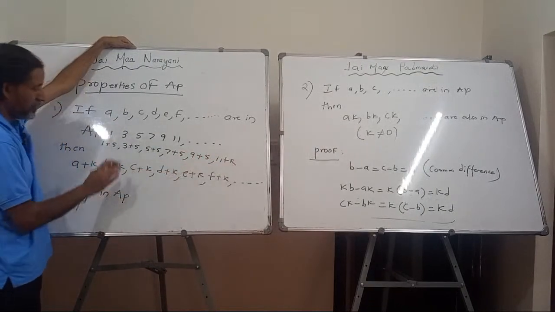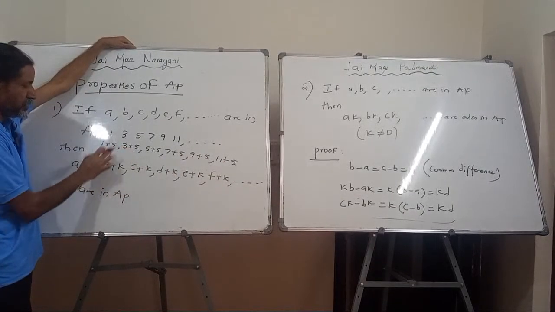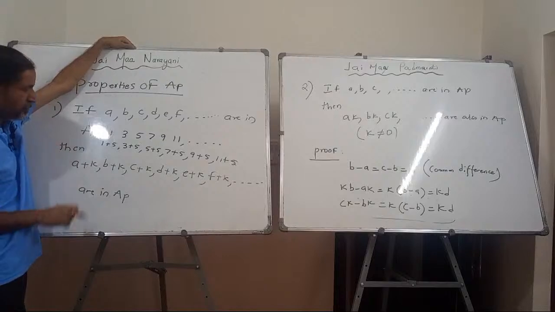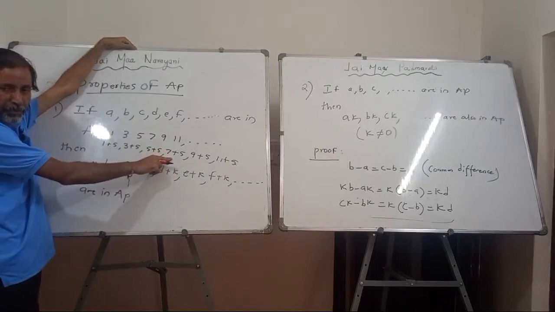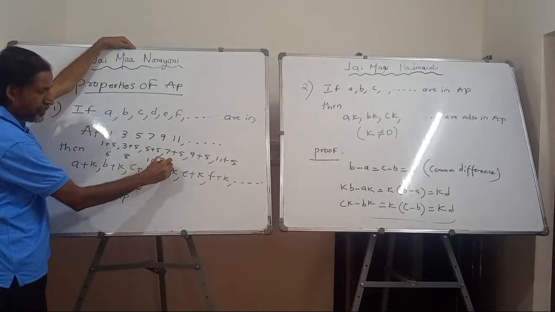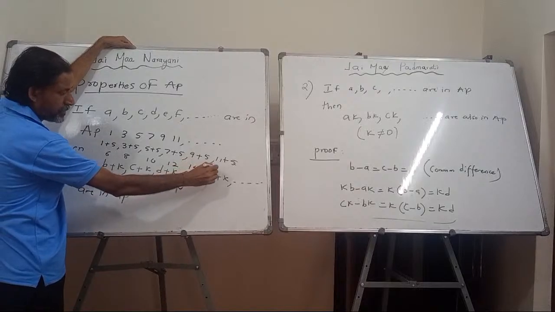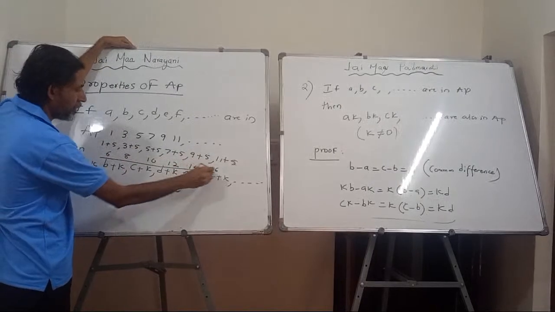Is it correct? K, you told me, is 5. And these numbers are whatever those numbers are. So now, are they in AP? Will they be in AP? Let us see. 6, 8, 10, 12, 14, 16. Are they in AP?